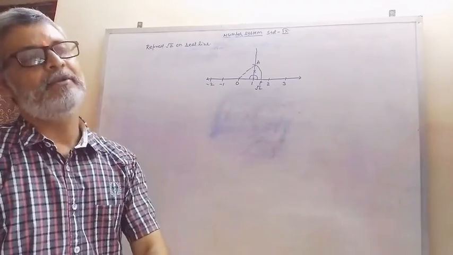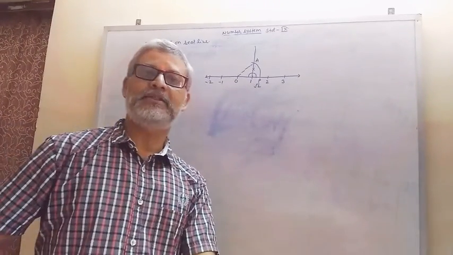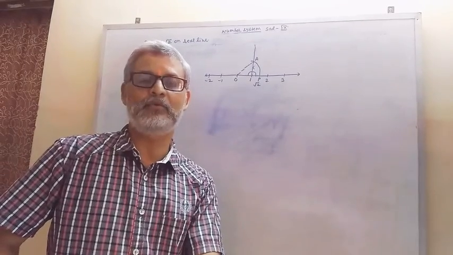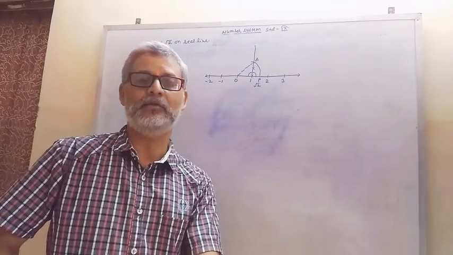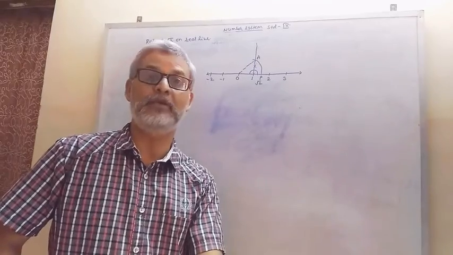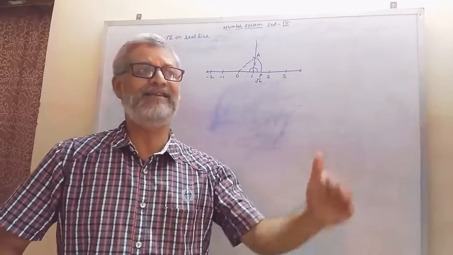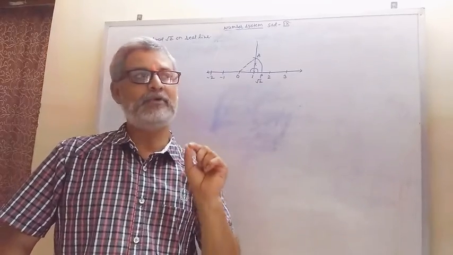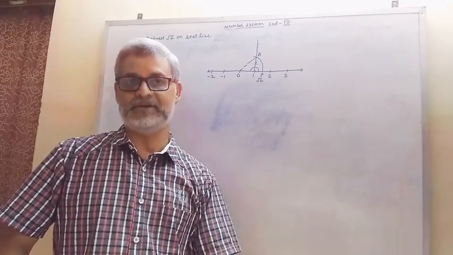Suppose it is given to represent root under 2, root under 3, root under 5, root under 6, root under 7, root under 8, root under 9, root under 10, root under 15, root under 17, like this on the real number line.